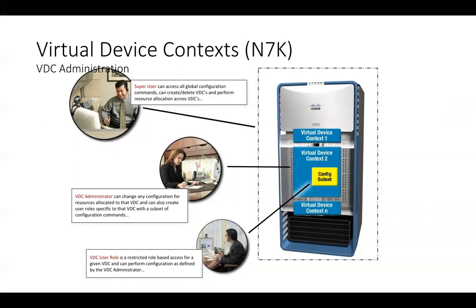Let's say if your user is network admin, it means that particular user has complete read-write access to the entire box. Okay. And if you say network operator, it means complete read-only access to the entire box.